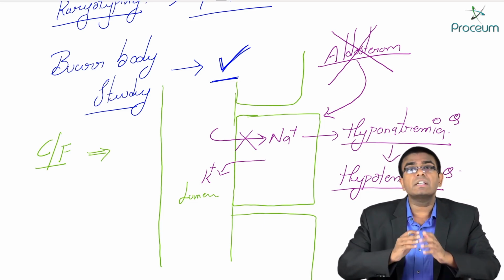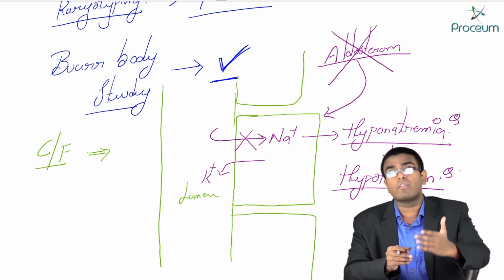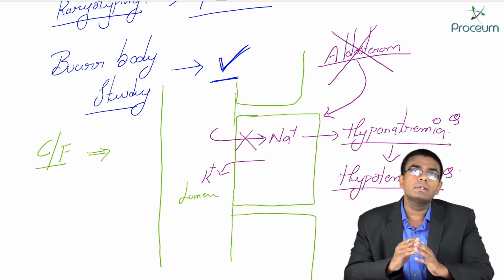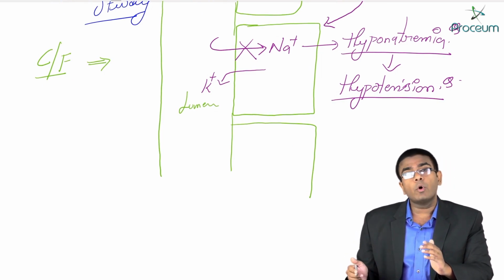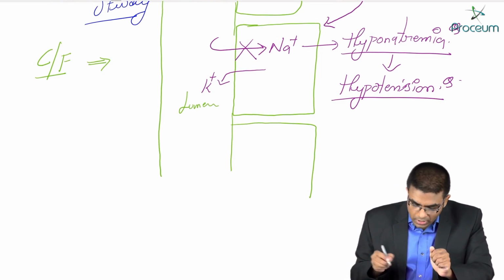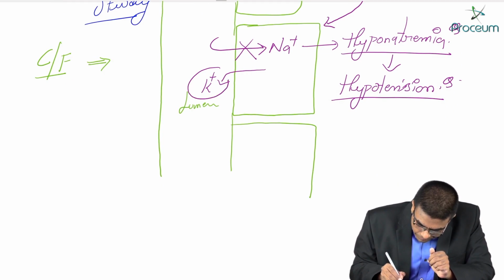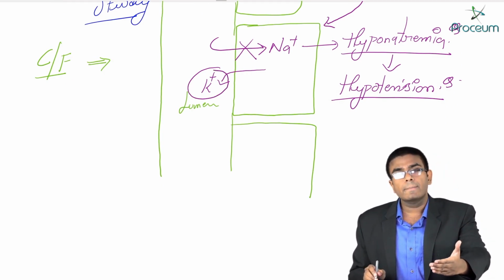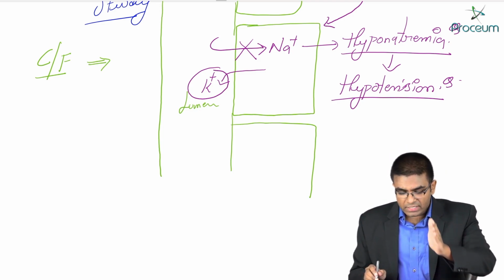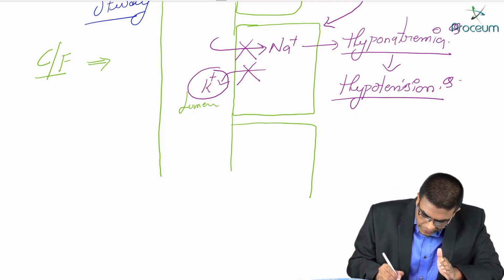So a patient with congenital adrenal hyperplasia, especially in severe, salt wasting forms, has hyponatremia and hypotension as clinical features. Now let's see about the potassium. Usually whenever there is aldosterone, potassium should be excreted out. Now in this condition, there is no excretion of potassium.